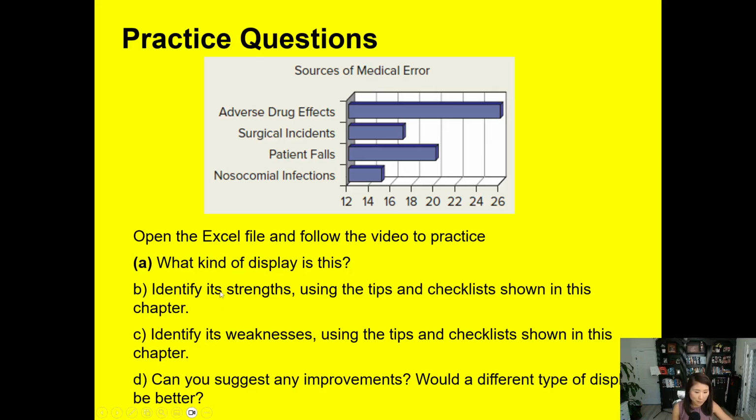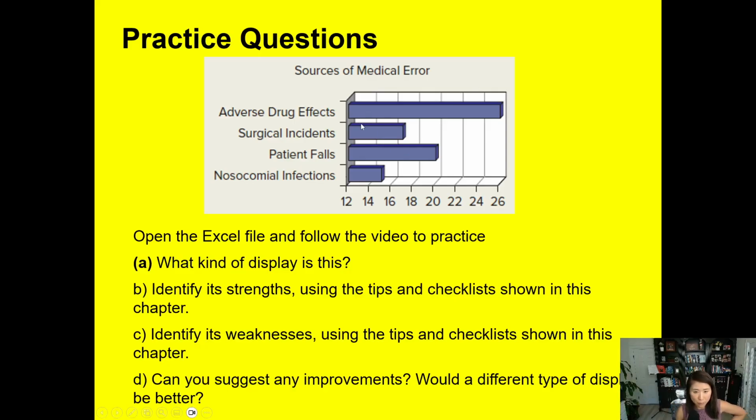Identify strength using the tips and the checklist shown in this chapter. So what is this one doing well? They are doing well because for each bar, the length and the width are the same and the height is the same. That means they didn't use the size, the large areas, to show the data.